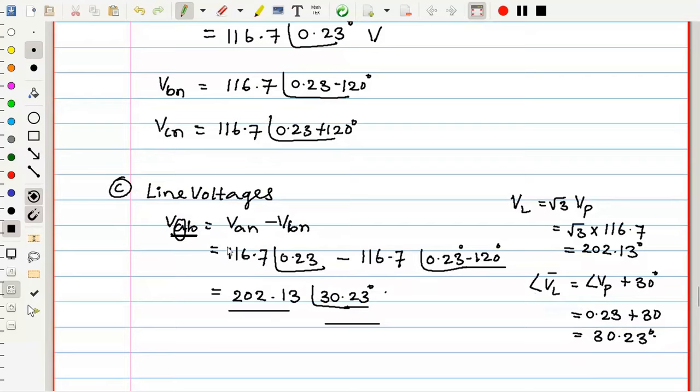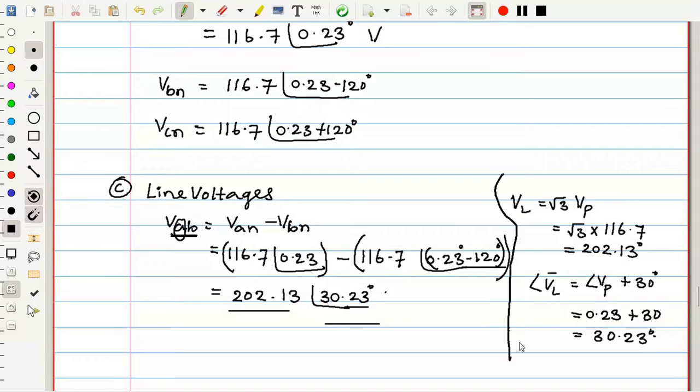What might be your mistake is how you open and close brackets: one bracket here, close one bracket here, put minus, then open one bracket here and close it. Also after the angle, you open one bracket and close one bracket in entering 0.23 minus 120. Then you will get the right answer. All of you cross check it carefully. Got the point?